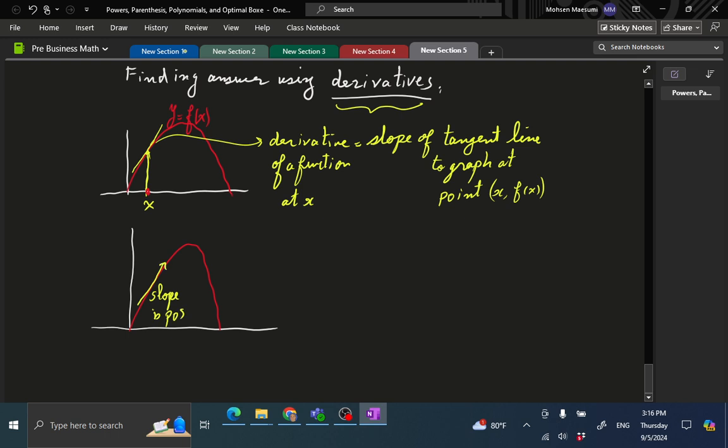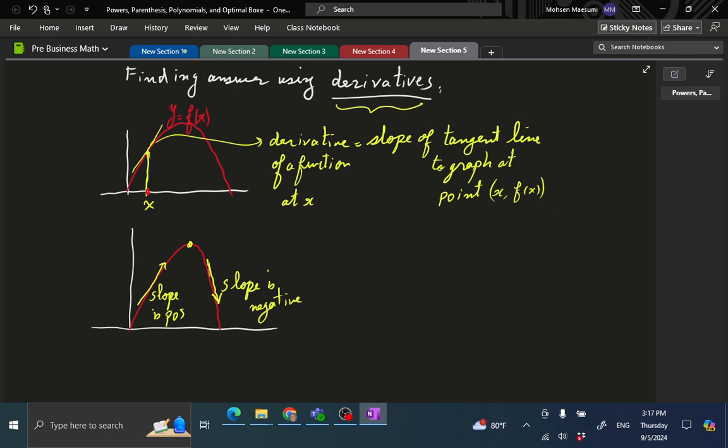You're going up. How about here? Here the slope is negative, as we go from left to right. How about at this highest point? Remember, optimal means the highest point.